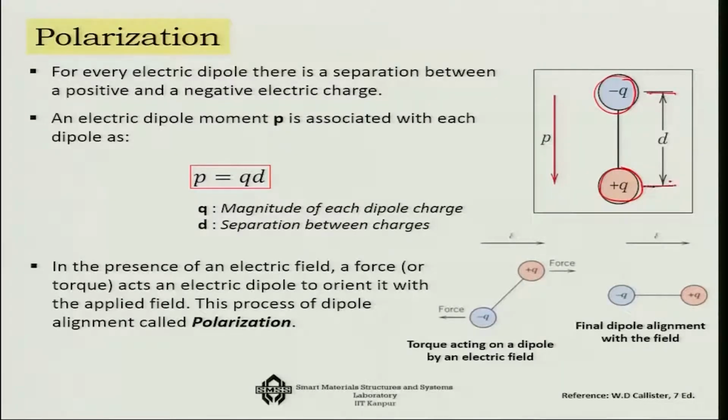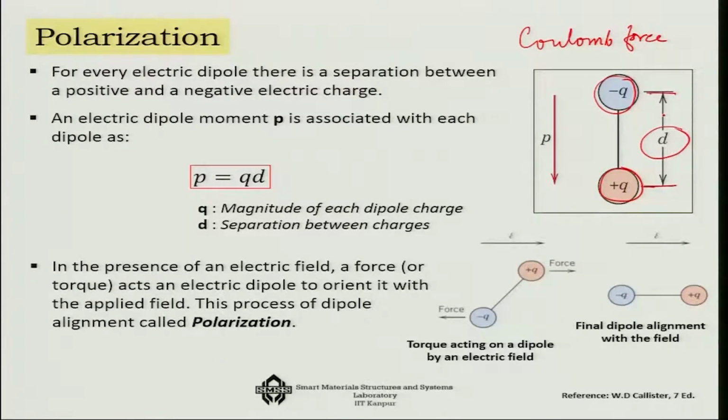For any dipole, a bipolar system with negative and positive charge, there is a separation distance d. The force that works between these two is called the Coulomb force, and this also follows the inverse square law. The force is proportional to the charge, and inversely proportional to the square of the distance between the two poles.